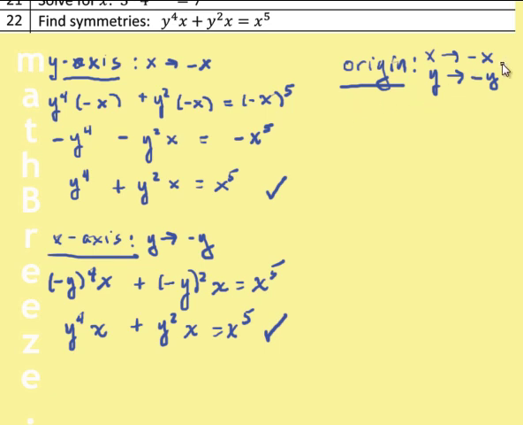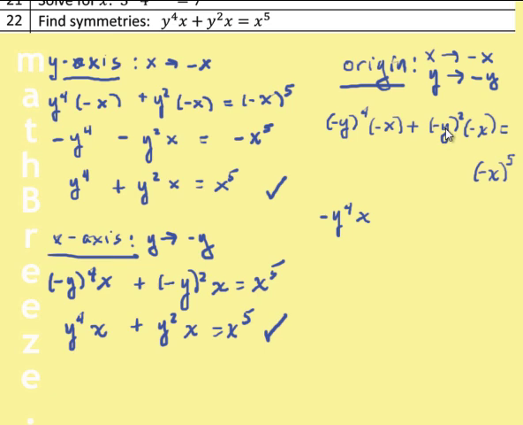Now for origin symmetry, we replace x with minus x and y with minus y. So let's do that. So here we get y to the fourth because of that even exponent. And here I'm going to put this negative in front.